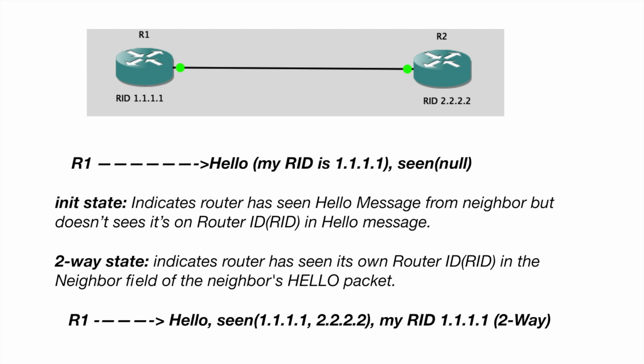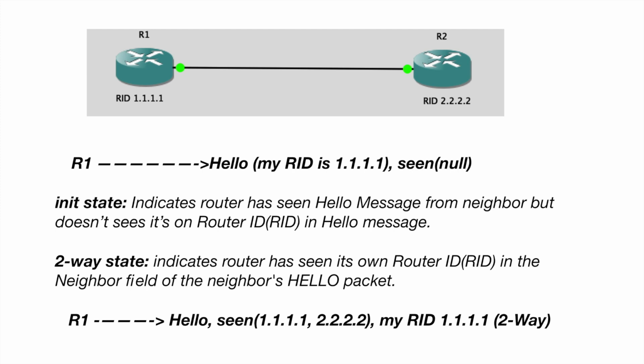So it goes through a checklist saying, okay, I received hello, things look good. Let's look into the parameters. Everything matches. Now we can be neighbors. So at the two-way state, we can assume all those processes have been completed. And now they are ready to exchange the database information, which is OSPF phase 2. And that's what we'll look into in our next video.